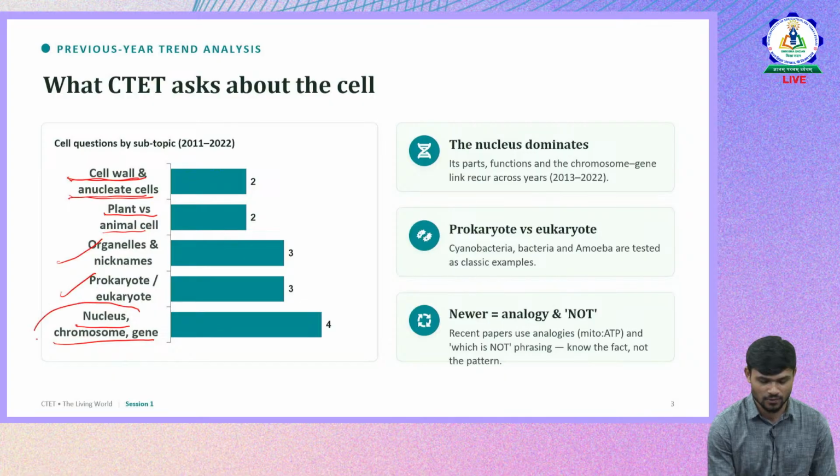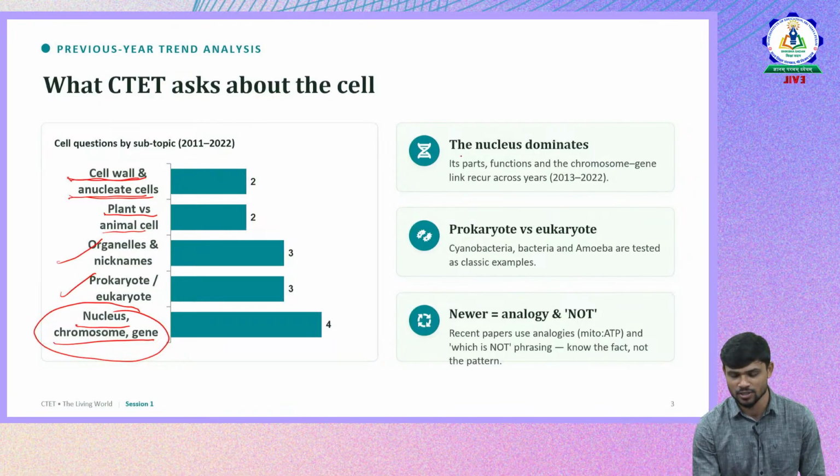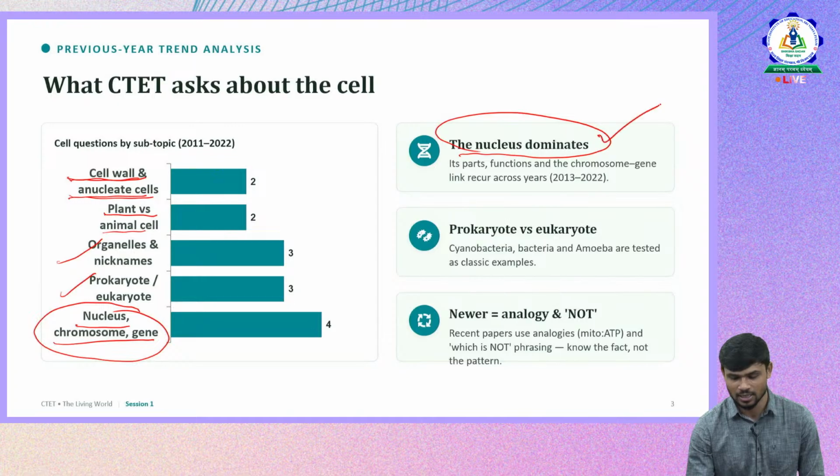This is very, very, very important with respect to the cell subtopic, because the nucleus dominates the CTET science paper with respect to this living world chapter. There are a lot of questions every year. At least 1 or 2 questions will definitely be asked from the nucleus subconcept.